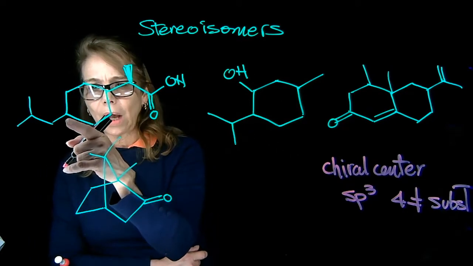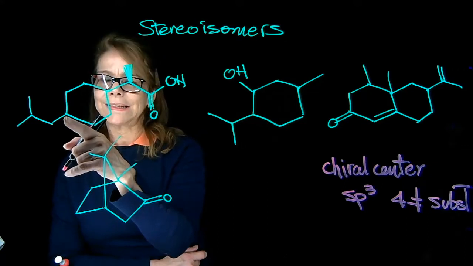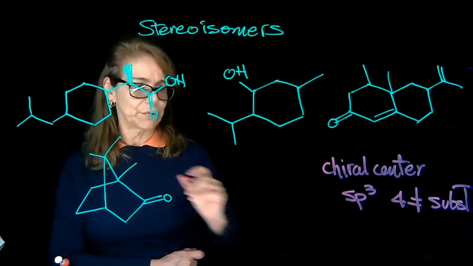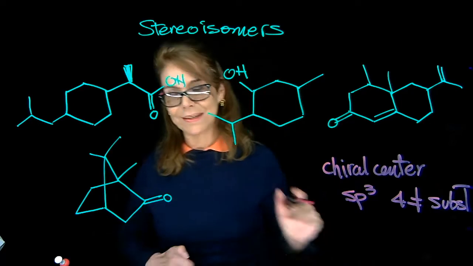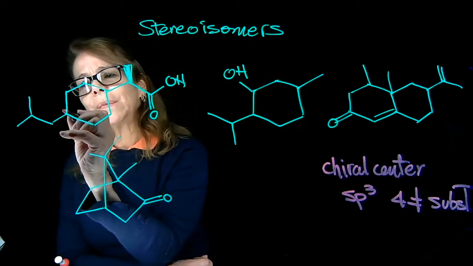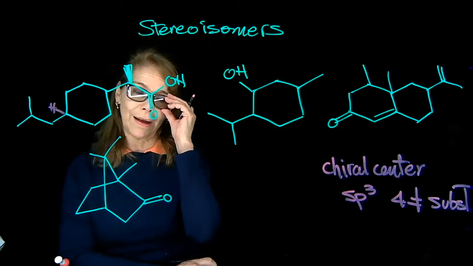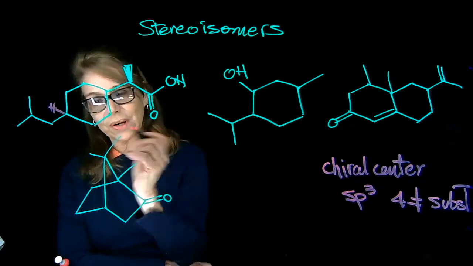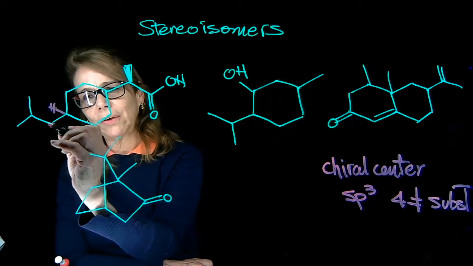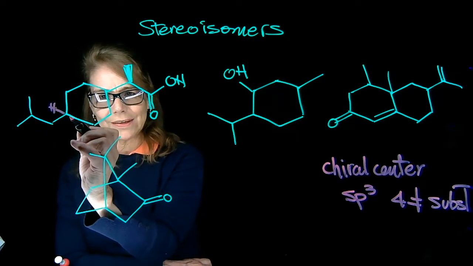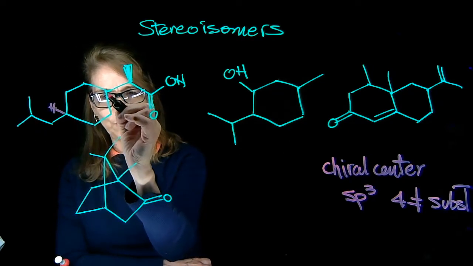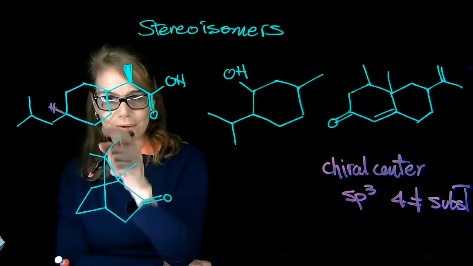Now moving on here to this carbon, I see that I have a hydrogen not pictured, right? So I'm going to draw it so that we remember that it's there. So do we have 4 different substituents or not? We have a hydrogen. We have now this chain, and the chain over here is different to the one traveling that way.